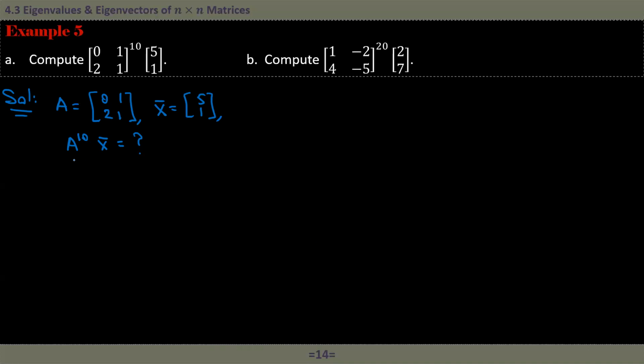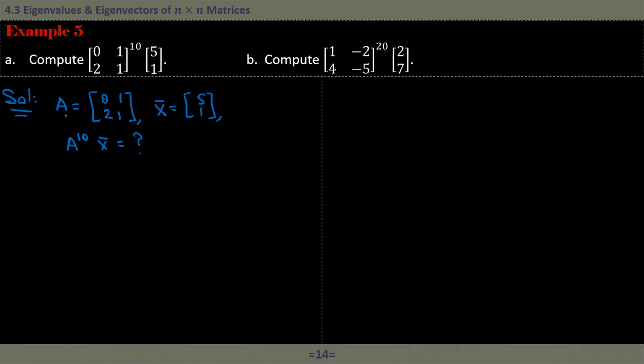To do this one, first, I don't know the eigenvalue of this A. So immediately, let's find the eigenvalue of A, because if I know the eigenvalue of A, how will we evaluate this?